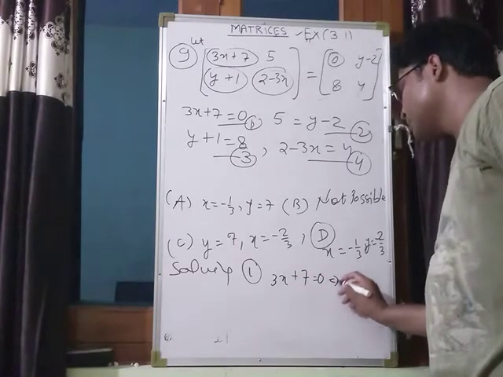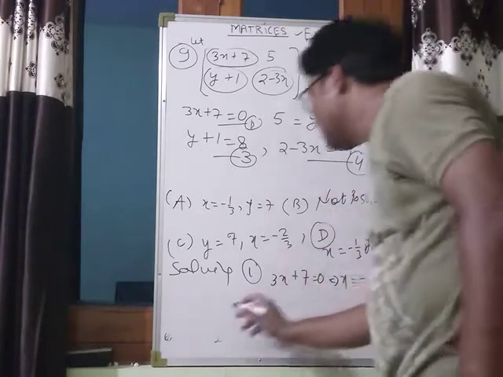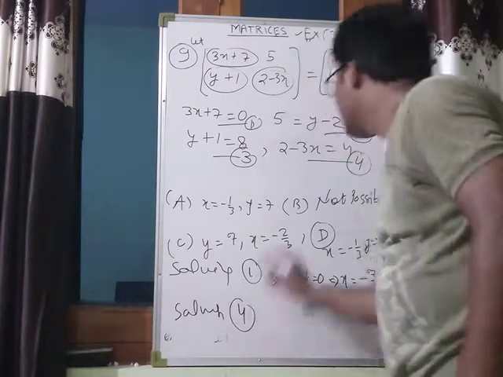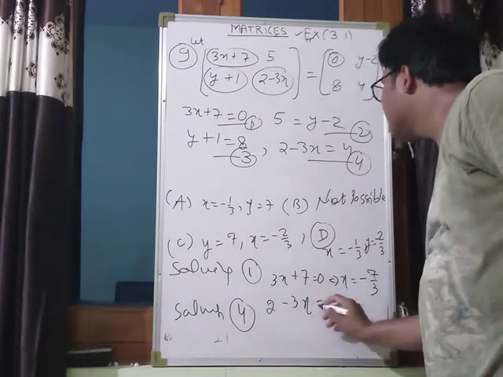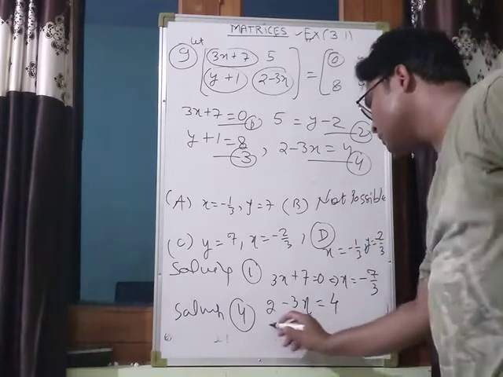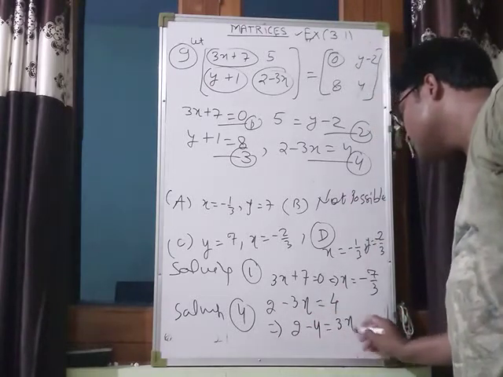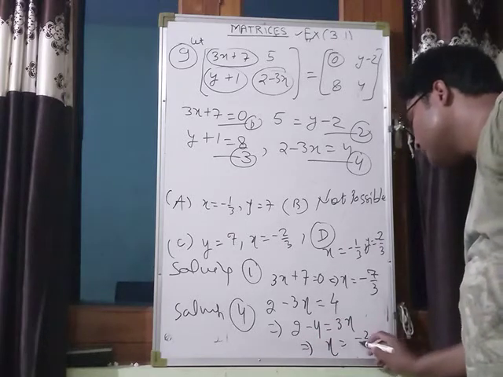Then clearly from here x is equal to minus 7 by 3. And solving fourth, what we have, this is 2 minus 3x is equal to 4. Then from here clearly 2 minus 4 equal to 3x. Then from here x is equal to minus 2 by 3.